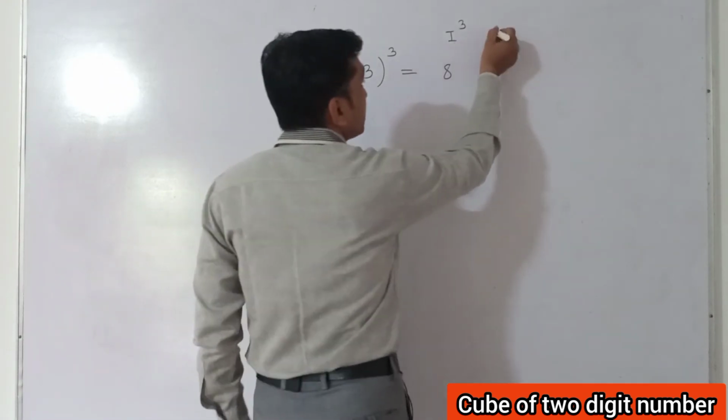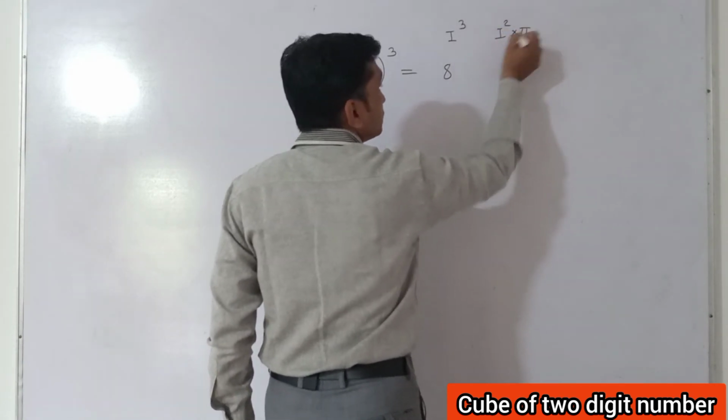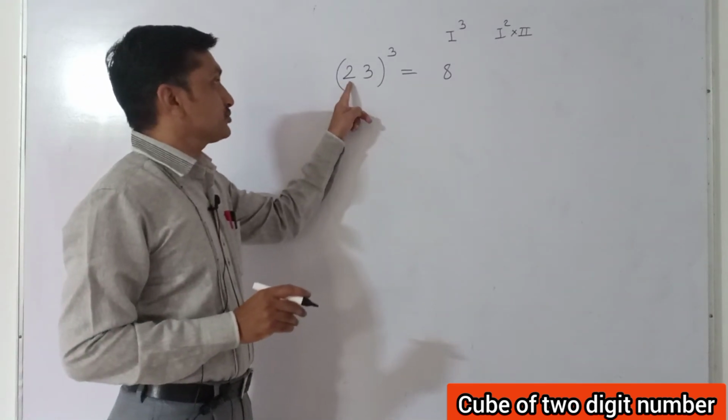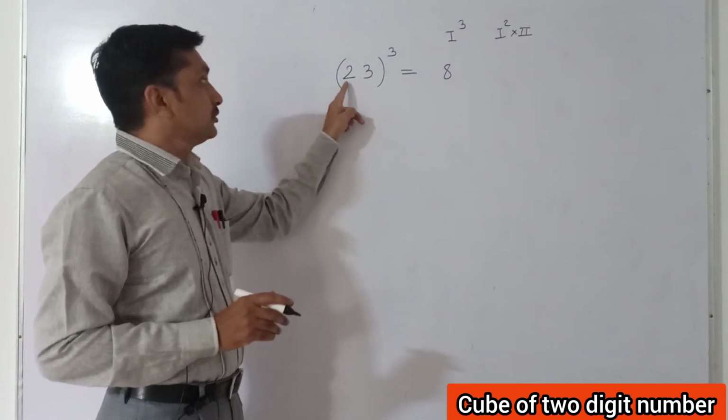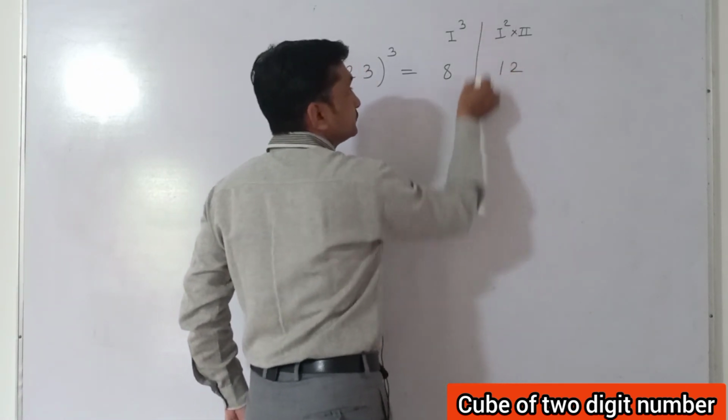After that second, square of first into second. Do the square of first number into second number. 2 2s are 4, 4 3s are 12. Here 12.